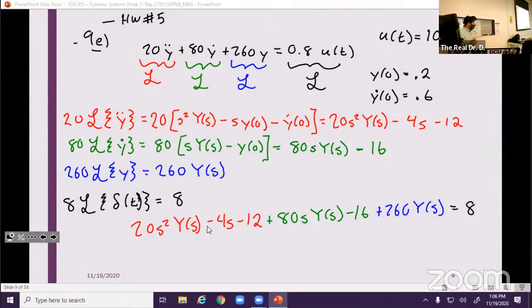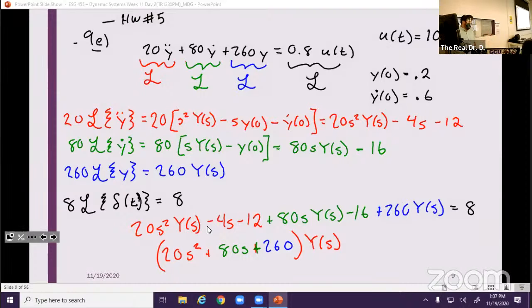Combine our like terms, get all of my y's on one side, everything else goes on the other side. If I do that, I'll get 20s squared plus 80s plus 260, just for funsies, so we can see where each one came from.